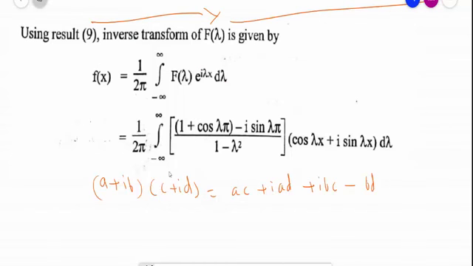So friends, once we obtain the value of f of lambda, then we have to think about the inverse Fourier transform, that is f of x, that can be given with the help of a chart or table, and that formula is f of x equal to 1 upon 2 pi integration from minus infinity to plus infinity f of lambda e raised to i lambda x d lambda.